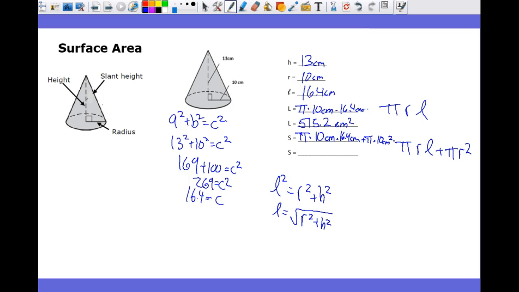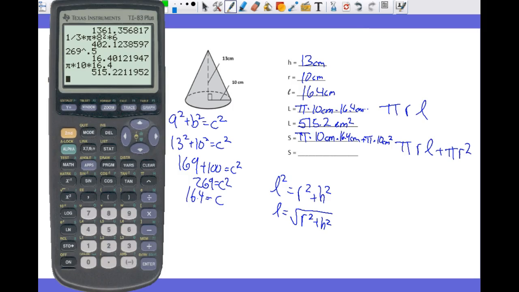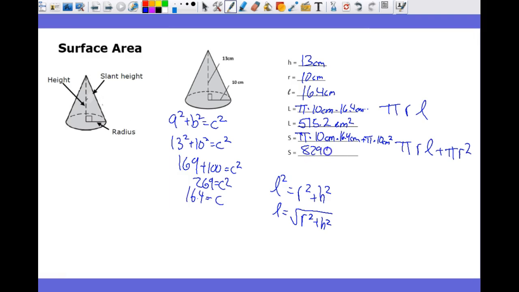So all we really need to do is say 515.2, which is this part here, plus this section, plus pi times 10 squared. That is 829.4 centimeters squared. Not cubed, surface area.